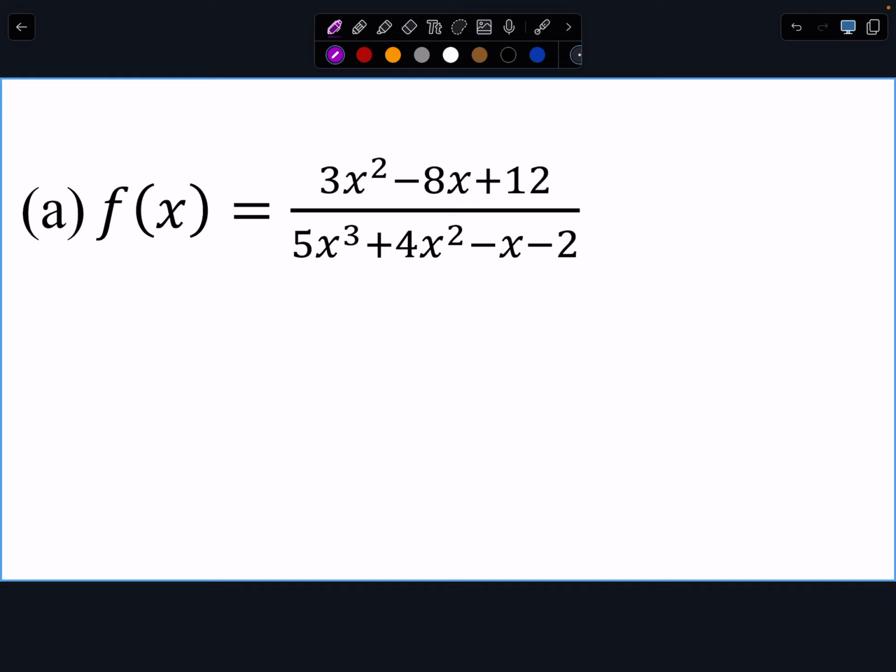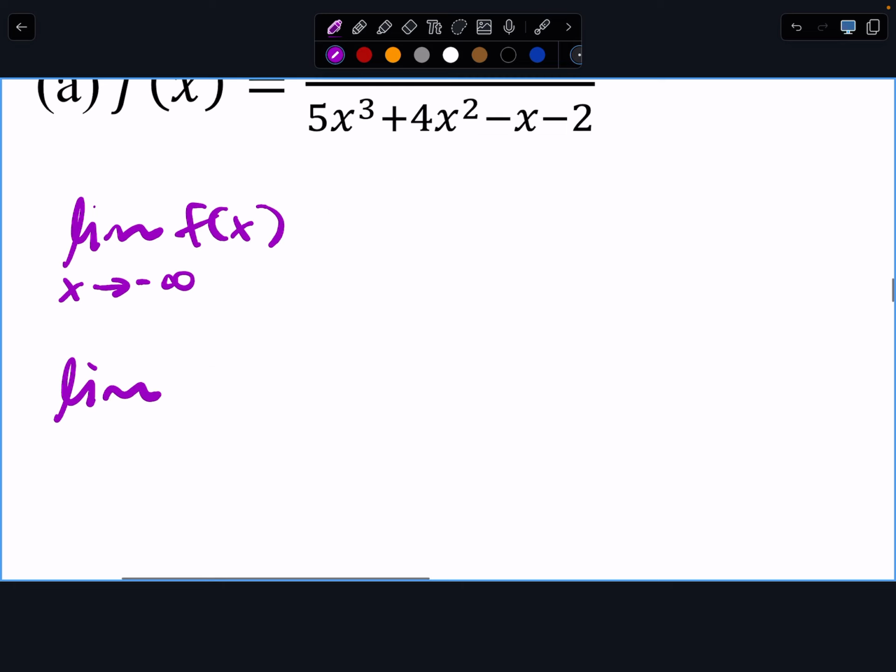It doesn't matter if there's domain restrictions locally around the origin, but if we're thinking of a function that does go to negative infinity and positive infinity, then for end behavior we're thinking of the limit as x approaches negative infinity and the limit as x approaches positive infinity.